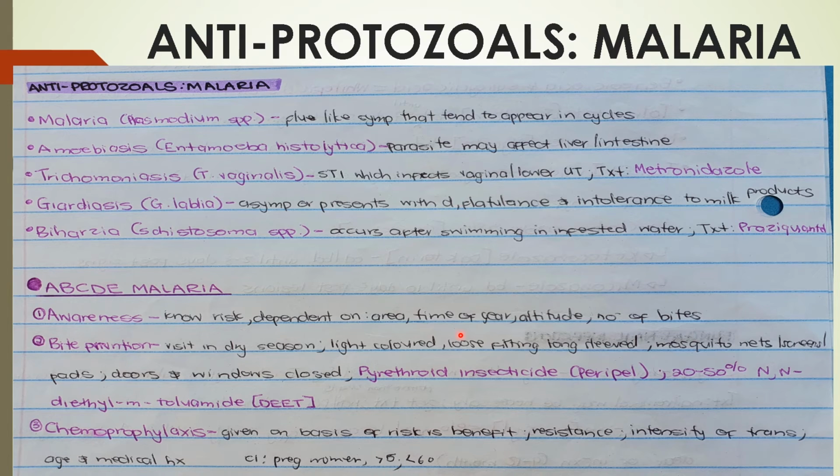And it depends on the resistance that is in that area, because some areas in the world have more areas that are resistant to certain anti-malarial medication. So obviously they need to make sure that they're giving you a medication that will work in the area that you're going to. And then it also depends on the intensity of transmission.